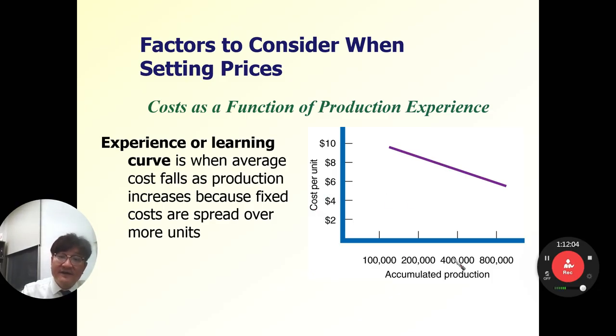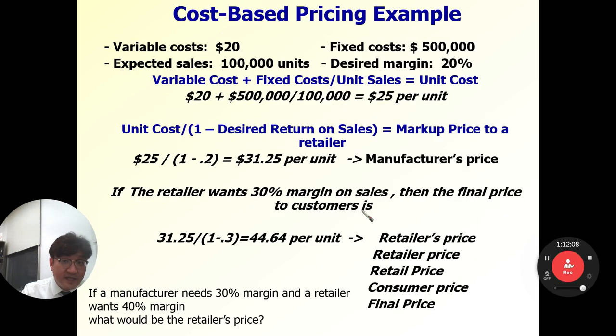So if you want to calculate the unit cost, it's going to be variable cost plus fixed cost per unit. If you increase your production, you increase the denominator, then the fixed cost per unit is going to decrease. As a result, you will have a smaller unit cost.